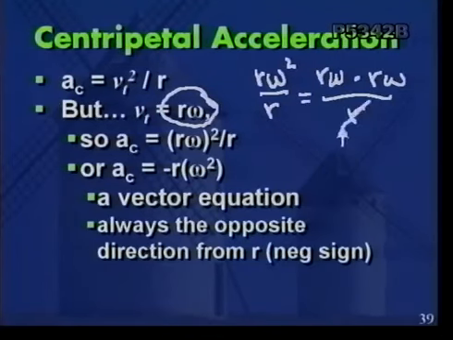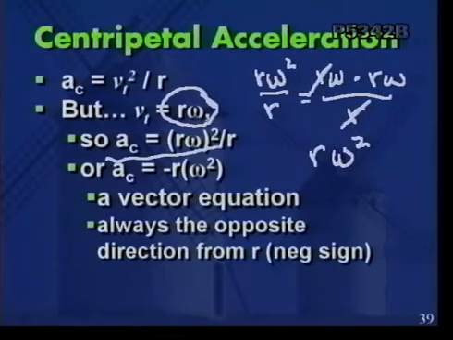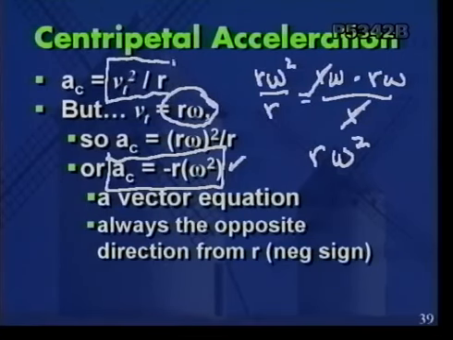And divide that by r, one of the r's cancels out, and we could say then that that's r omega squared. So the centripetal acceleration also has a couple of formulas. I can use this formula, where the centripetal acceleration is the radius times the angular velocity squared, or I can say that it's equal to the tangential velocity squared divided by the radius. So two formulas for determining centripetal acceleration.